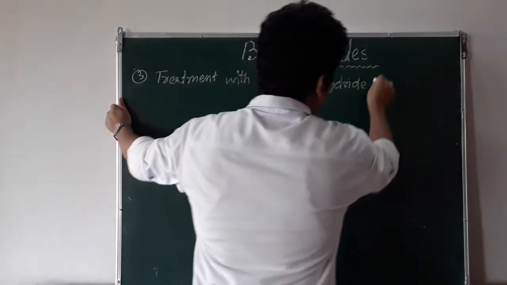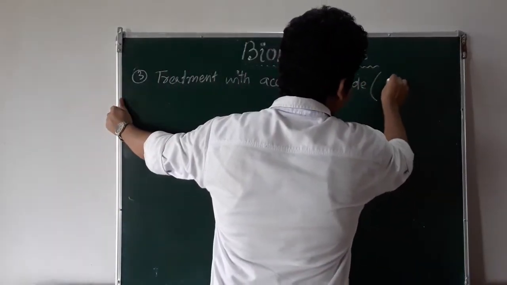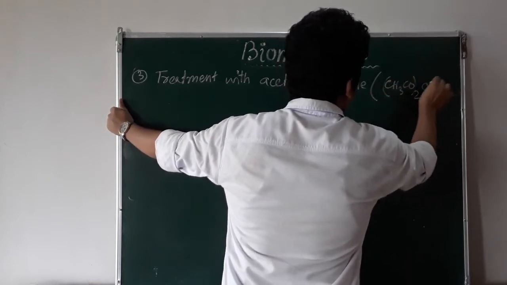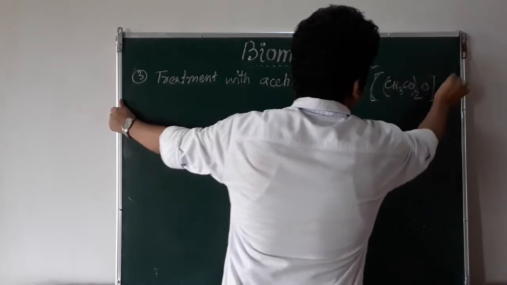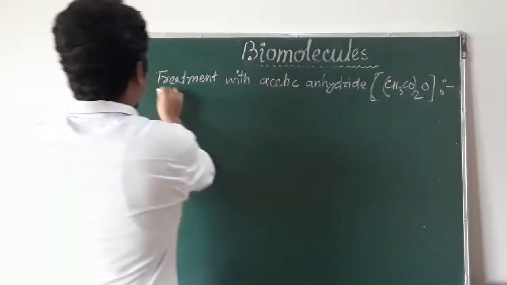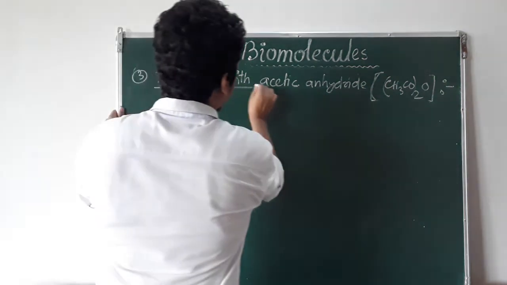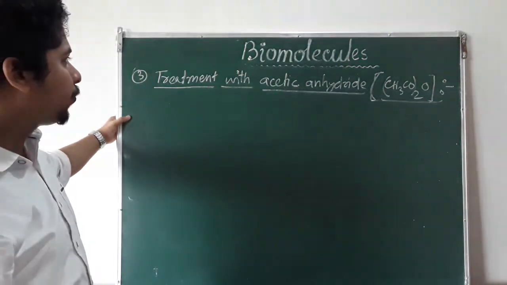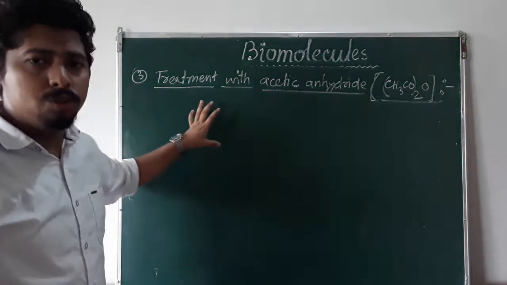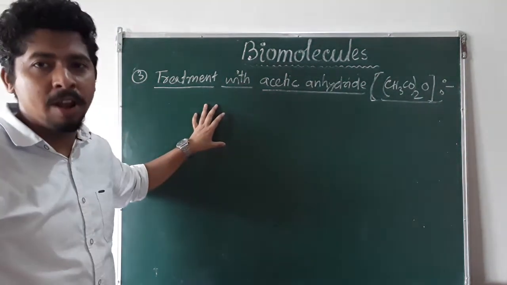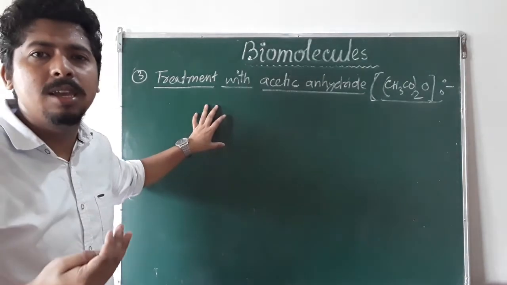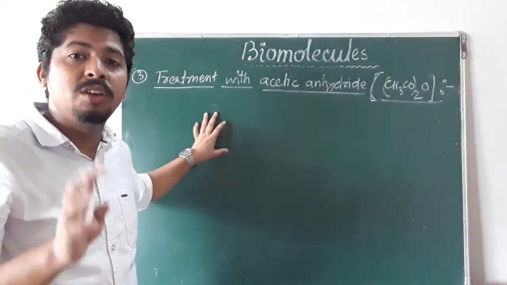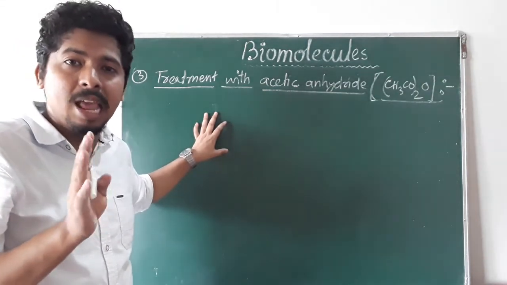The formula of acetic anhydride is (CH3CO)2O. So this glucose on treatment with acetic anhydride forms a pentaacetate, which indicates that the glucose unit contains 5 alcoholic groups.